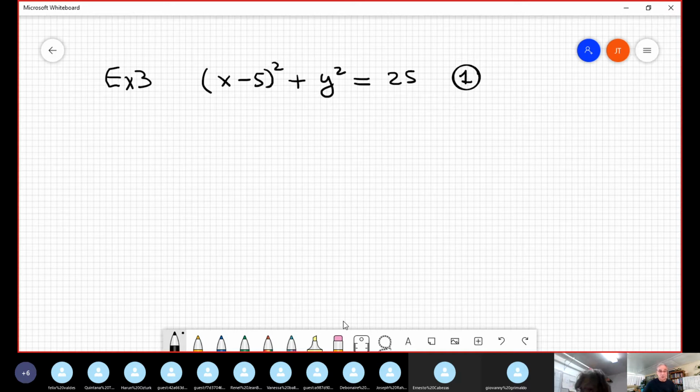And equation number 2 is y equal the square root. I forgot something. I forgot 3: y equals 3 times the square root of x minus 8. This is my equation number 2. This is my nonlinear system.